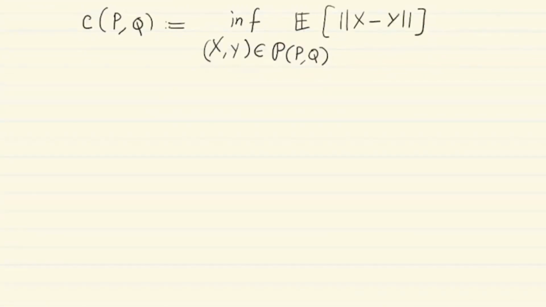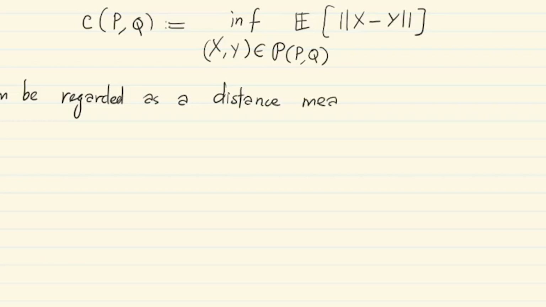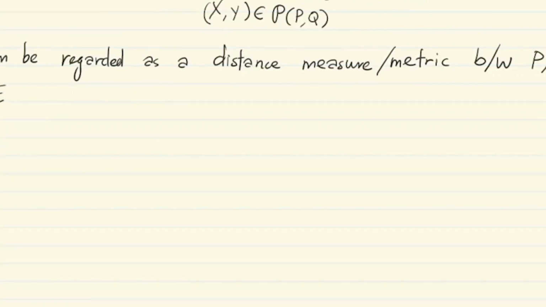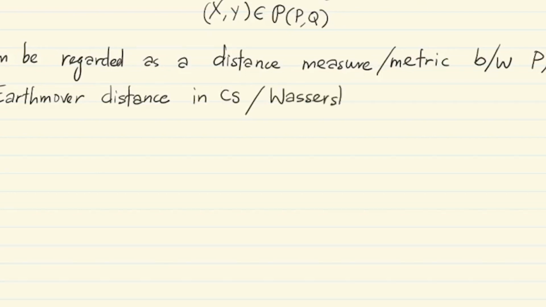So in fact this turns out to be a measure of distance or a metric on the set of all probability distributions P and Q. So this can be regarded as a distance measure or a metric between probability distributions P and Q. So the smaller this is, you can think of P and Q being more similar, and in fact this is also called by other names such as the earth mover distance, which is commonly used in computer science, or the alternative name is the Wasserstein distance in statistics.